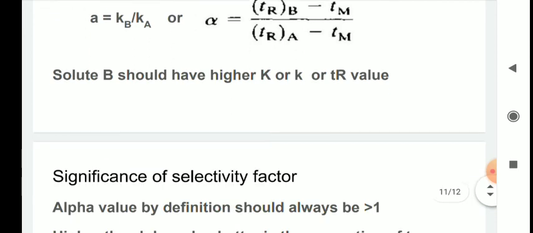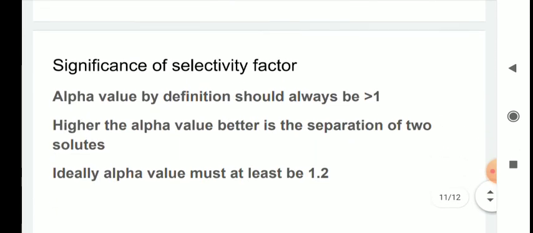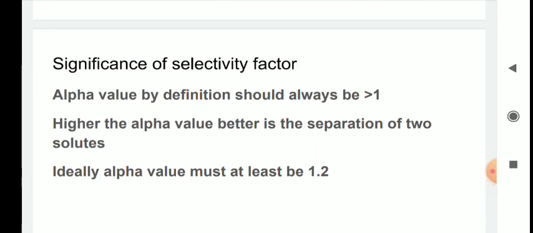Now what is the significance of the selectivity factor? Alpha value by definition should always be greater than 1, because we are taking the higher k values in the numerator. So alpha value will turn out to be greater than 1. Higher the alpha value, better is the separation of the two solutes.